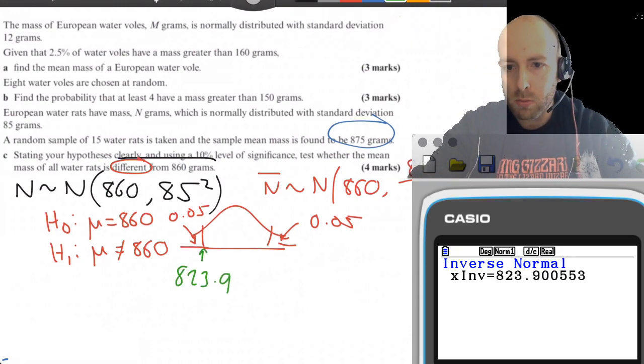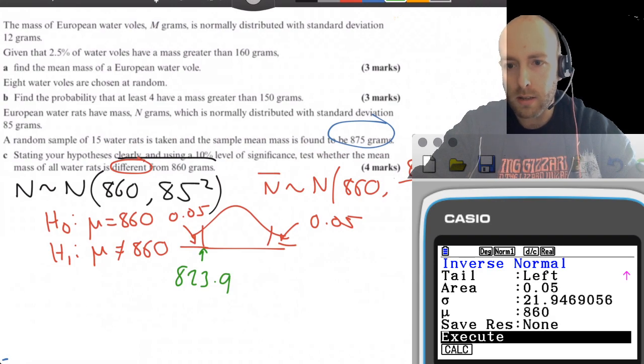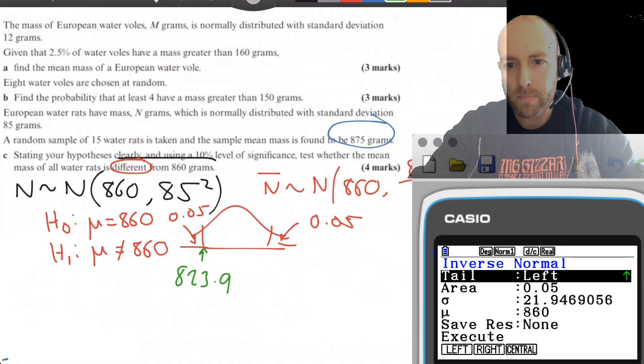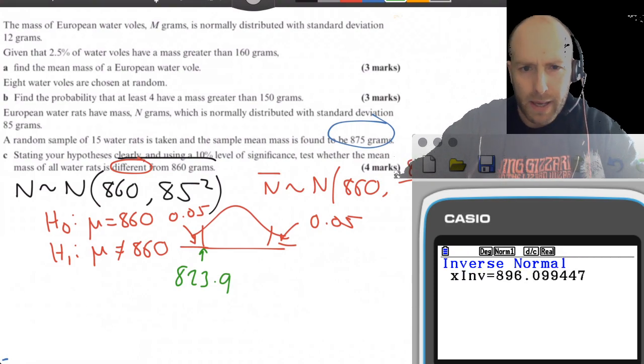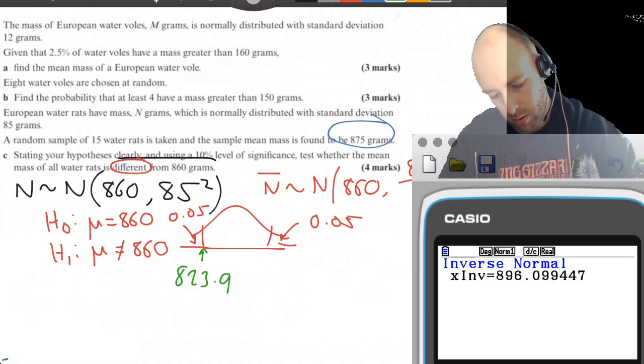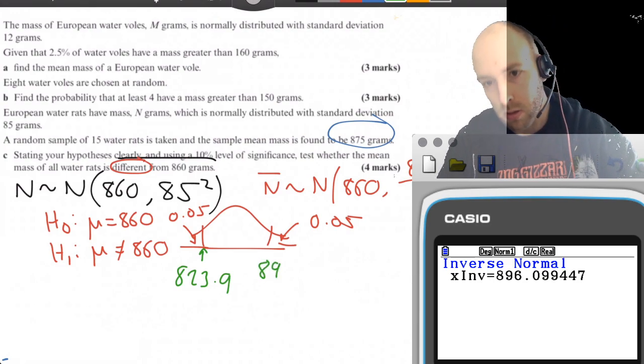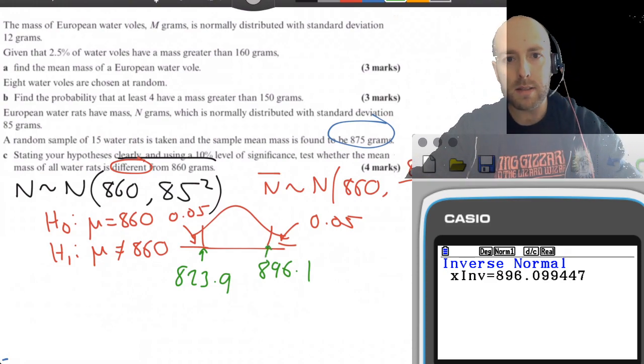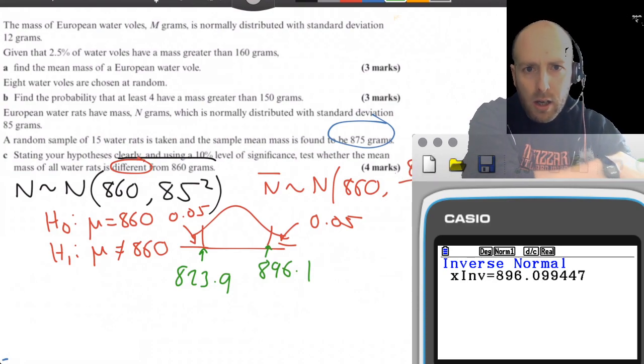And the upper one, we'll just go back and change the tail to right, and it's 896.1. Okay, well, what's our test statistic? The test statistic we've got is 875.